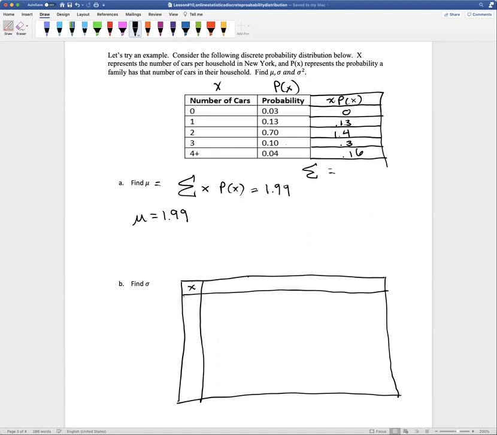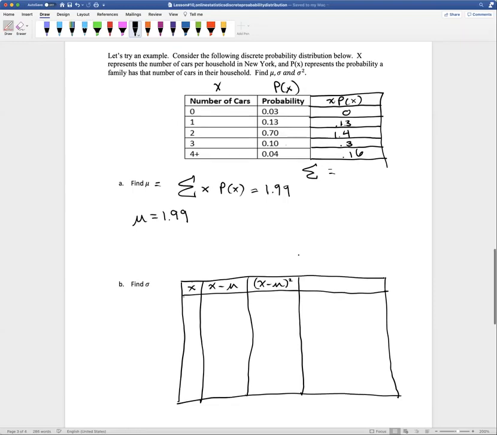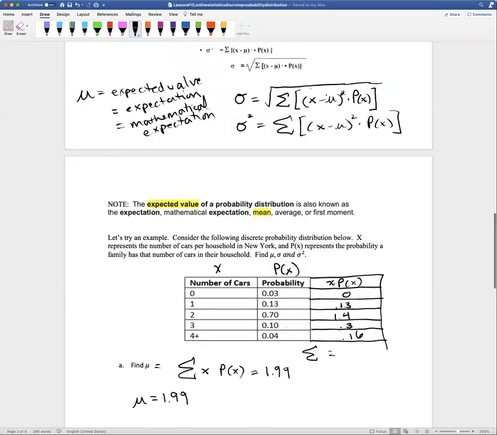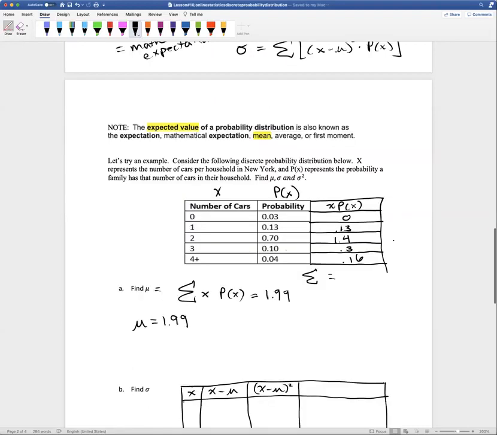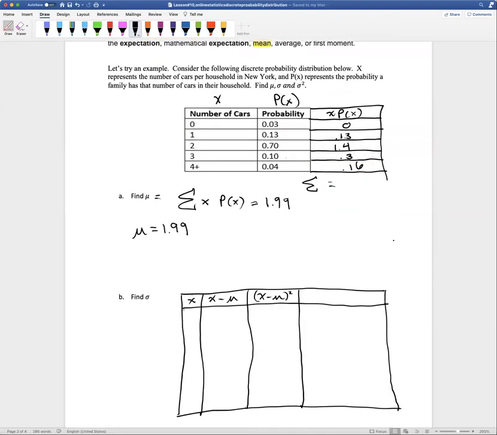Over here, we're going to list x minus mu. Over here, we're going to list x minus mu squared. And then the fourth column is going to be x minus mu squared times p of x.